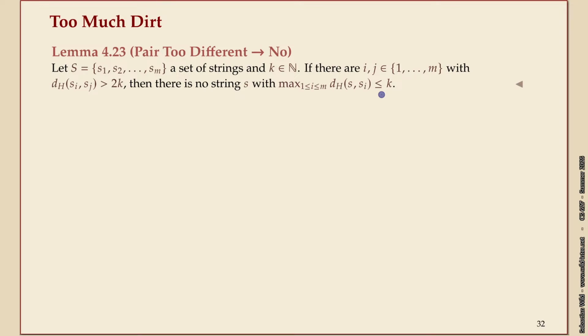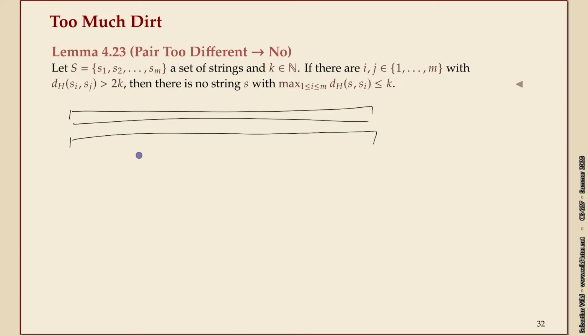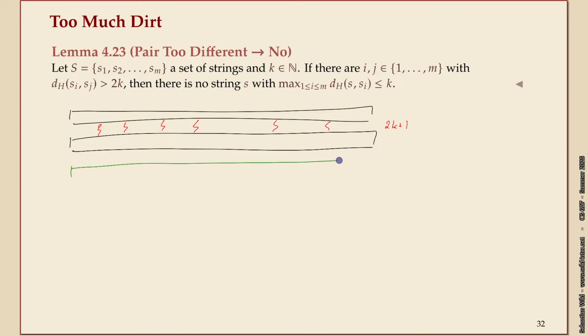One option would be if you have these two strings that have a distance of more than 2k, that means they have at least 2k plus 1 positions where they differ. Now, any consensus string that might try to be at distance k from both, each of these positions has some character here and a different character there.